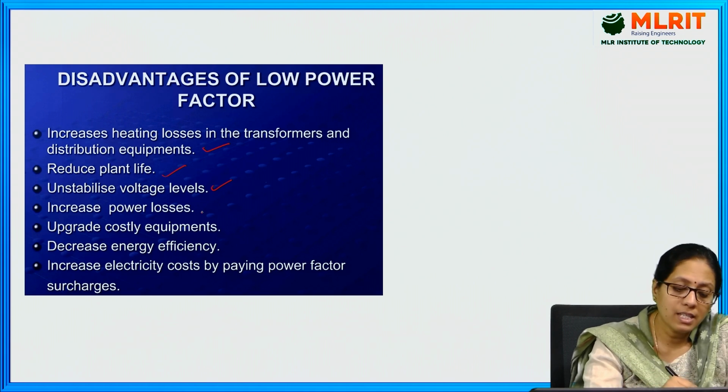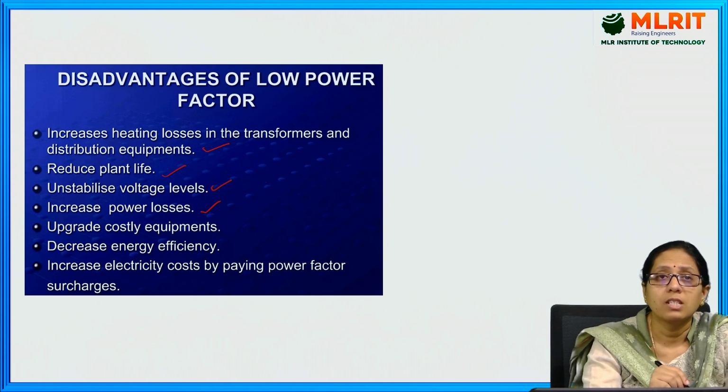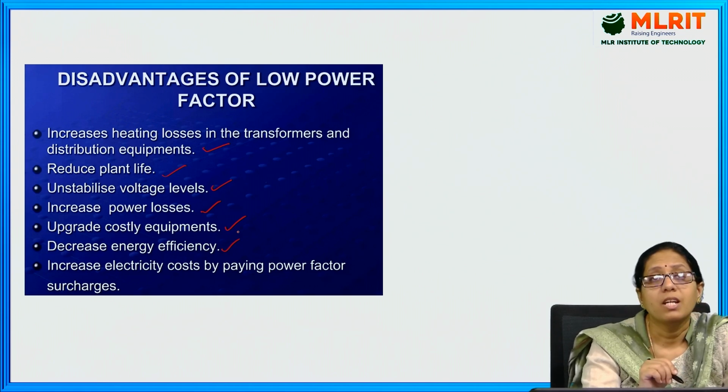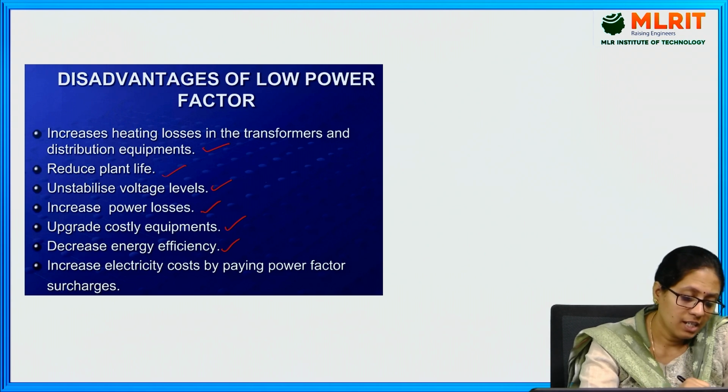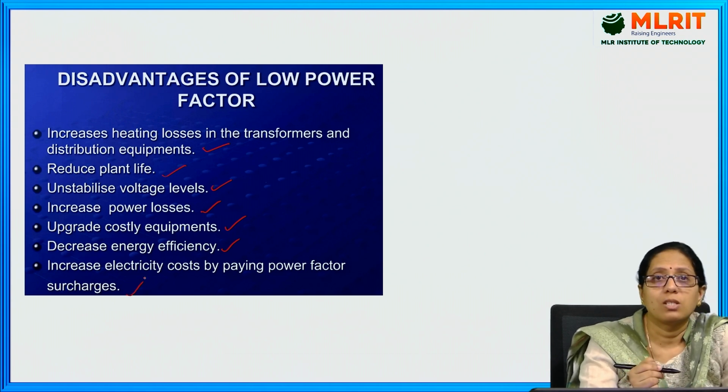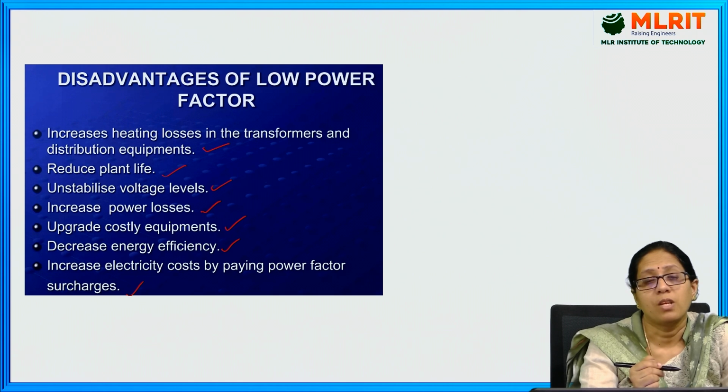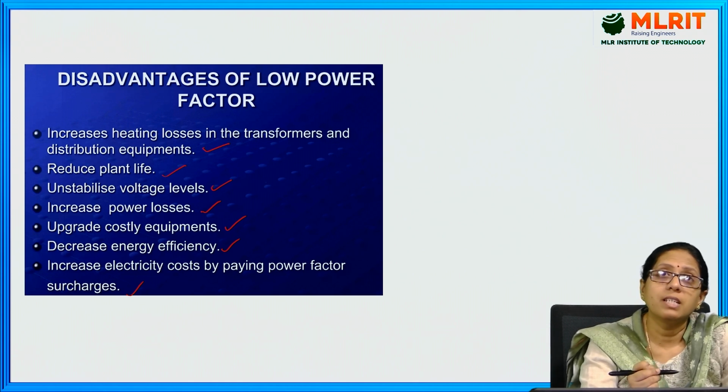It increases the power losses. It upgrades costly equipment. It decreases the energy efficiency. It increases the electricity cost by paying the power factor surcharges. So these are the different disadvantages of low power factor.